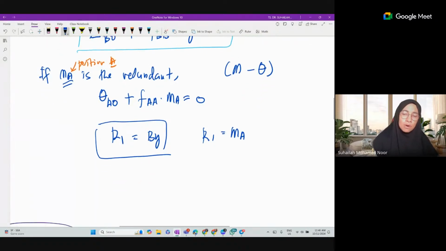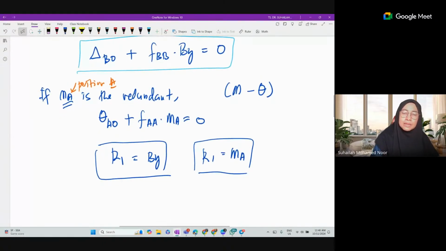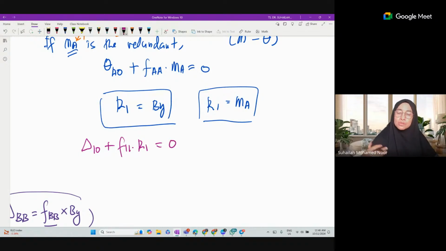So for the first one, delta B naught, if we choose BY as redundant, all label B will be changed to 1. So now we will get delta 1 naught plus F11 R1 equal to 0, with 1 replacing B. Same goes for MA as redundant.